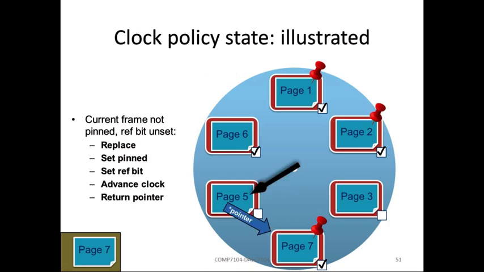And of course, we return the pointer to the requester of that page, indicating here is the page that you have requested. So this will be the situation of the clock policy after dealing with the request for page 7.